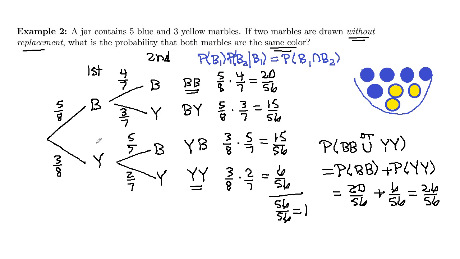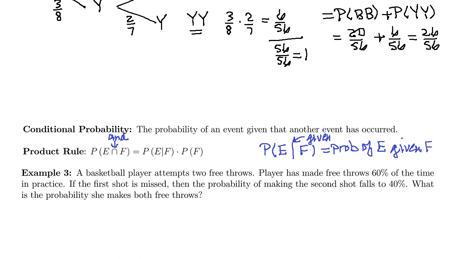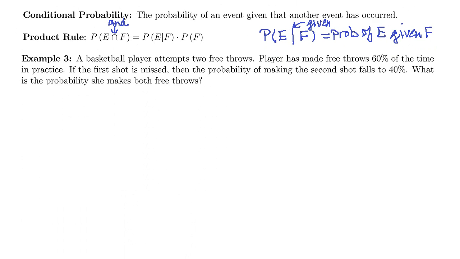They're conditioned on what you drew first, and the reason we multiply is because of the product rule. So just keep that in the back of our mind for now, that the reason that you multiply on the branches of a probability tree is because of the product rule. Sometimes the probabilities change, sometimes they don't, but you still multiply on the branches.